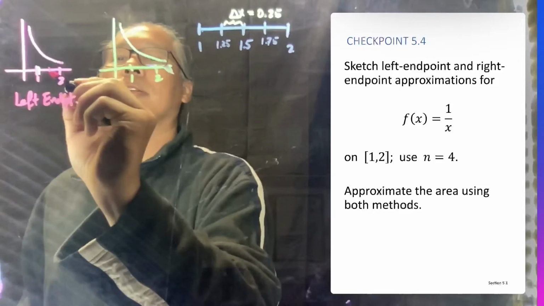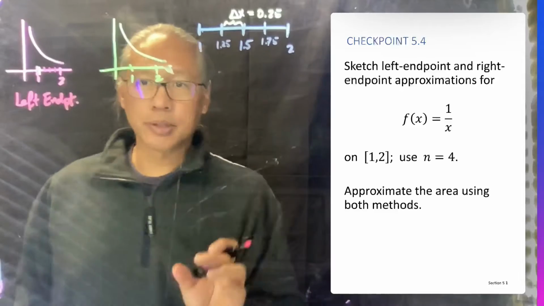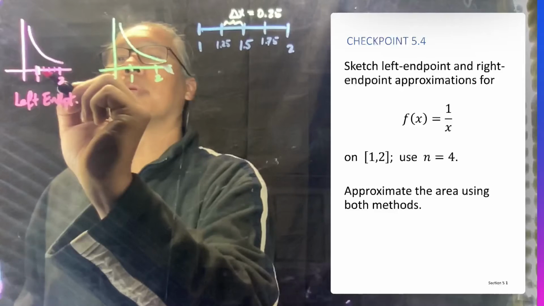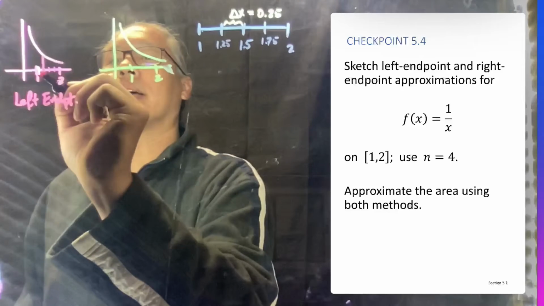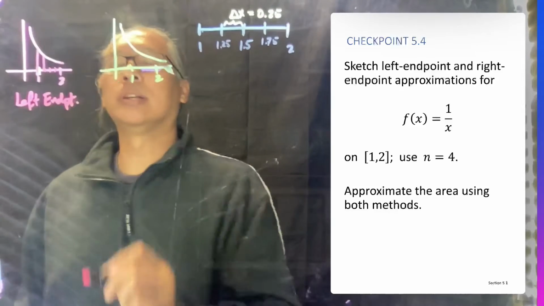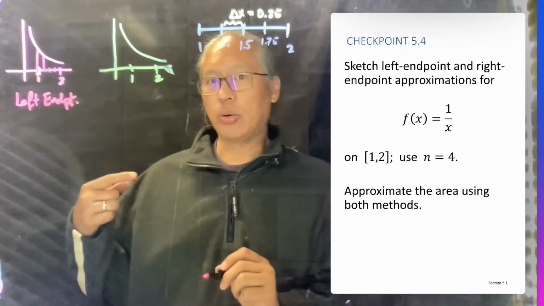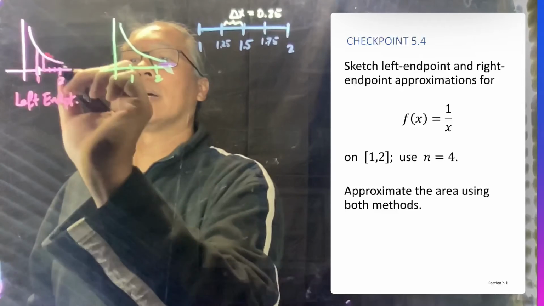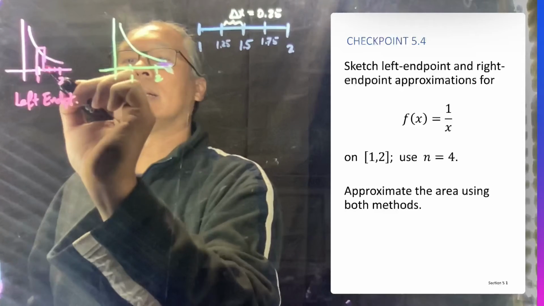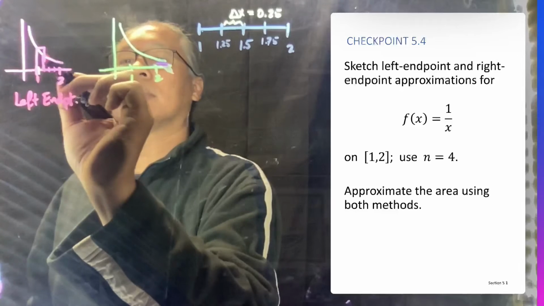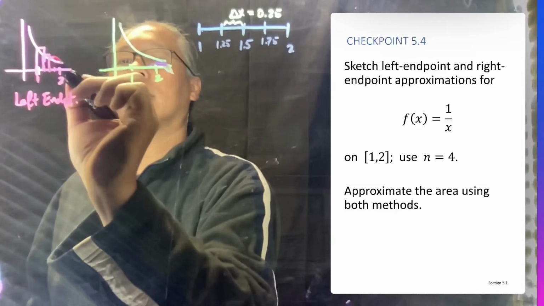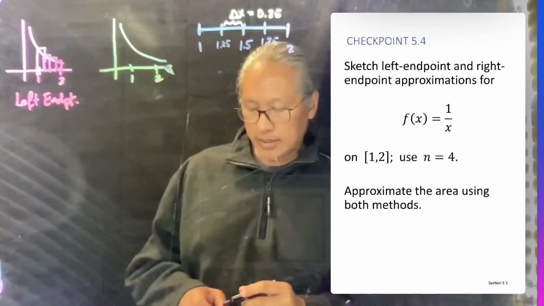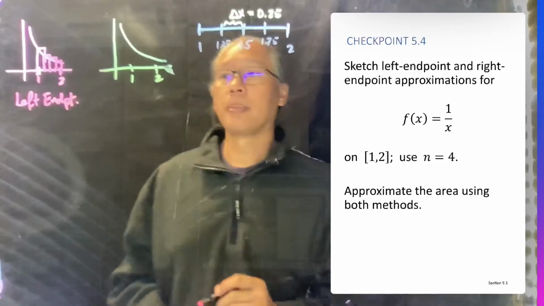And so what we want to do is split this up the way we split up this interval into little sub pieces, and then for each of them we would draw a rectangle, and for that rectangle we would use the left endpoint to be our height. And so here the left endpoint is going to be when x is equal to 1, and that gives you a height, and then from there the second one we'll do a left endpoint again, left endpoint again, left endpoint again. So it looks like it'll end up being an over approximation.